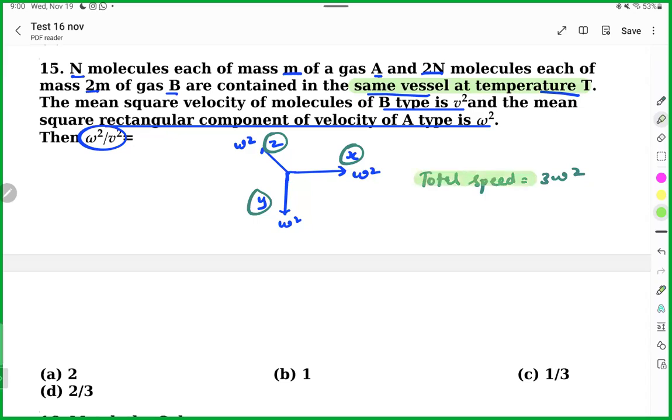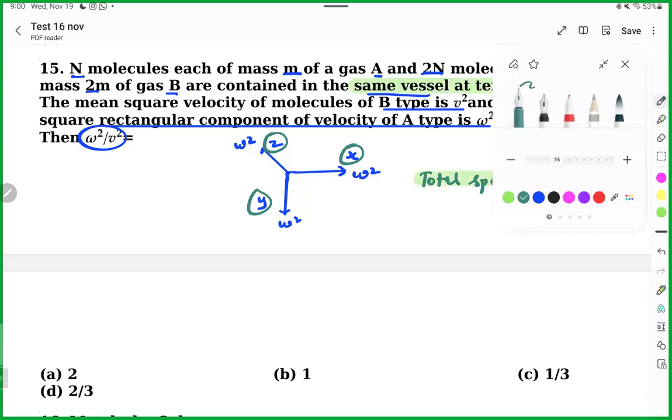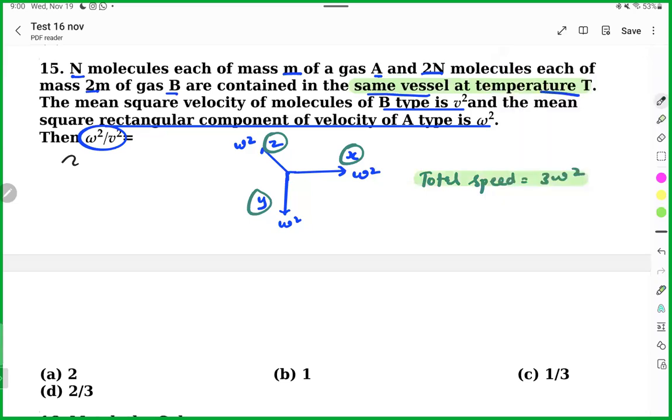These are the two important points here. The first is that it is a scalar quantity, so total speed is the addition. Second, the kinetic energy of A will be the same as the kinetic energy of B. What is the kinetic energy of A? 1 by 2, mass is m, speed is 3 omega square.